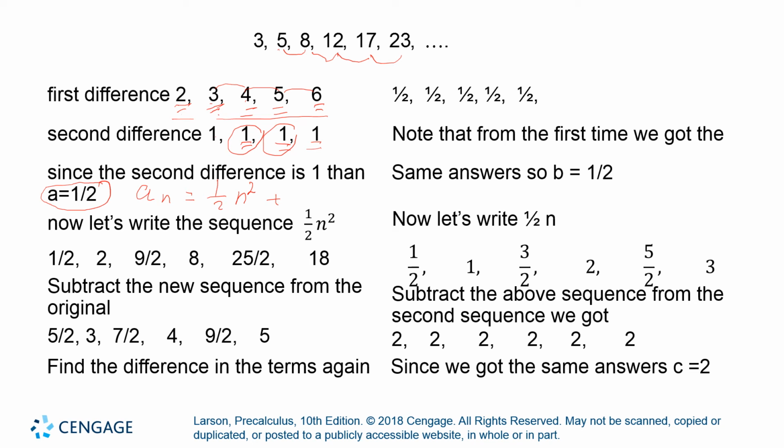If I replace n by 1, 1/2 times 1 squared is 1/2. 2 squared is 4, divided by 2 is 2. 3 squared is 9, divided by 2 is 9/2. 4 squared is 16, divided by 2 is 8, and so on.